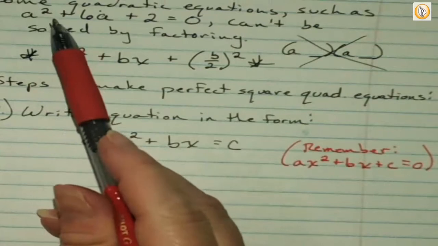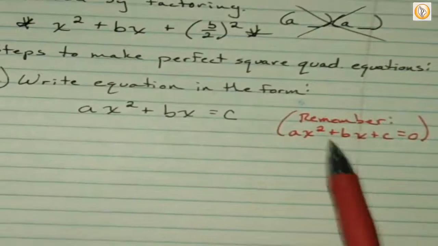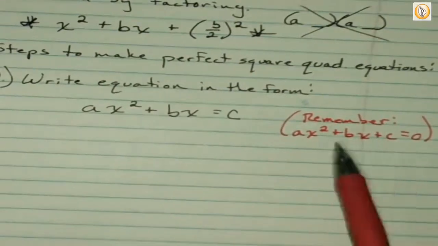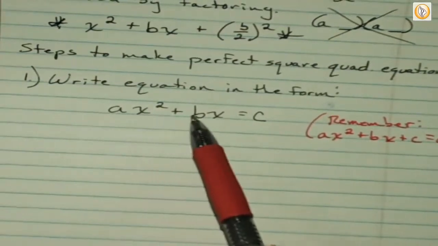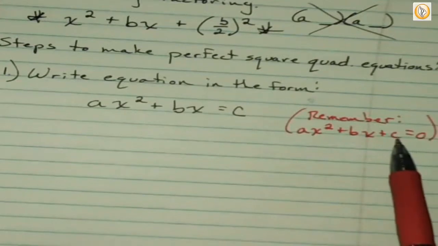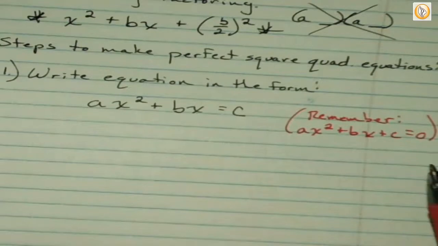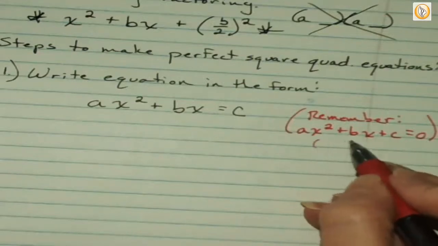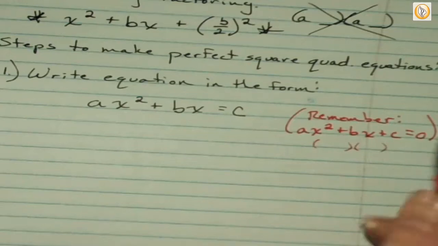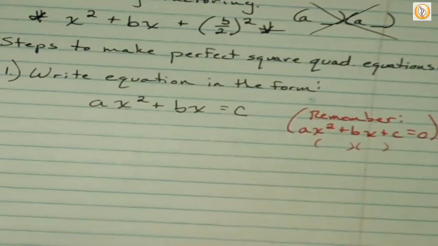Ax squared plus bx plus c equals 0. So for the last couple of days this week, this is what we've been dealing with. Right? Well, you're going to take it and move the C to the other side of the equal sign. Remember the last couple of days, we've been moving everything to equal to 0, right? And then we factor. Well, now we're taking it and making sure the C is on this side of the equal sign.